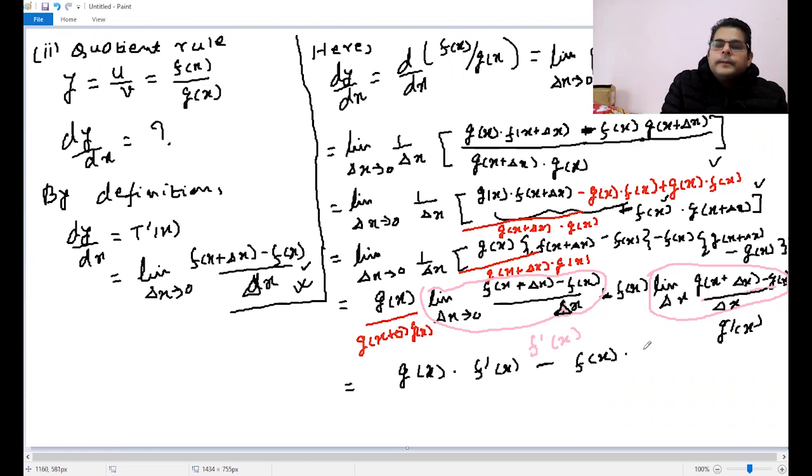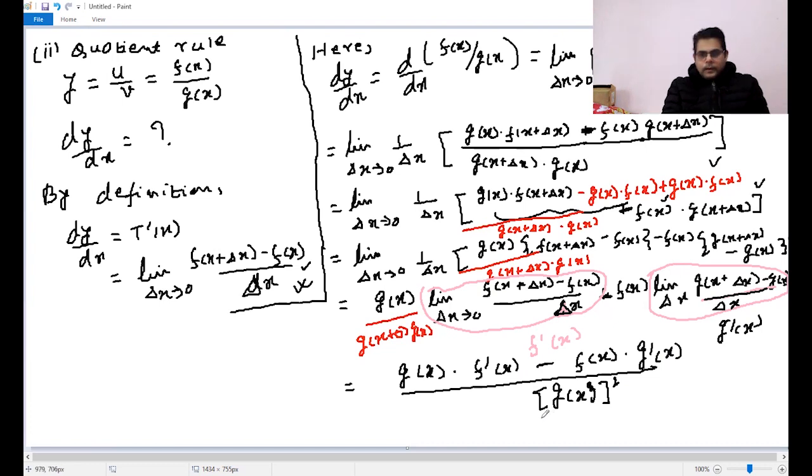So you can write here g dash x, and then the whole thing is divided by gx times gx, which is gx whole squared. All right, so in this way we could prove the quotient rule formula also.